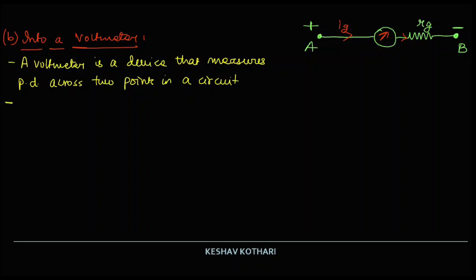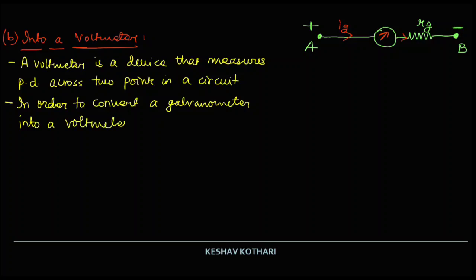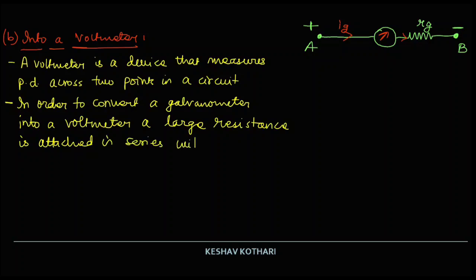The next fact, in order to convert a galvanometer into a voltmeter, a large resistance is attached in series with it.